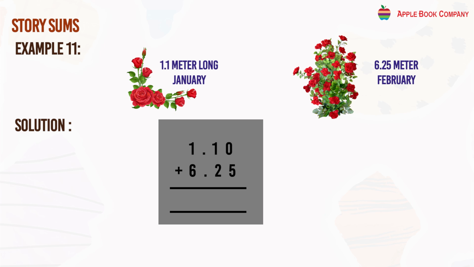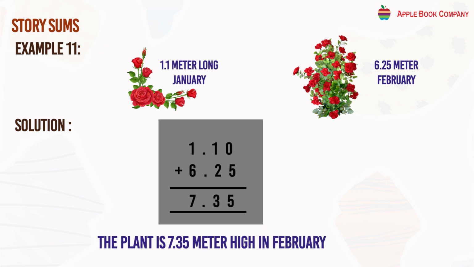Height of the plant in January equals 1.1 meter. Growth of the plant in February equals 6.25 meter. Height of the plant in February equals 1.1 plus 6.25 meter equals 7.35 meter. Answer. The plant is 7.35 meter high in February.